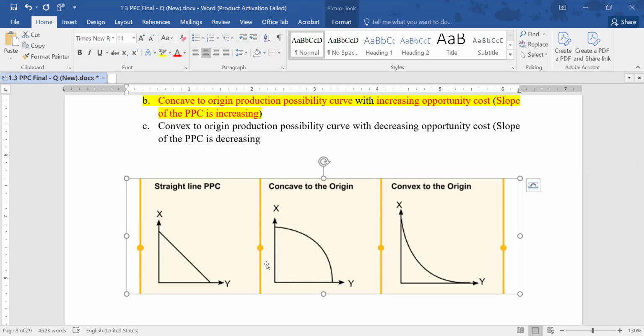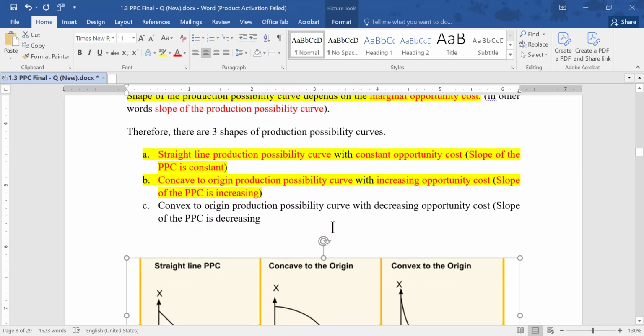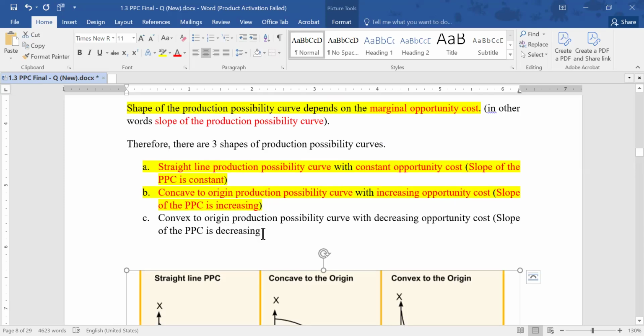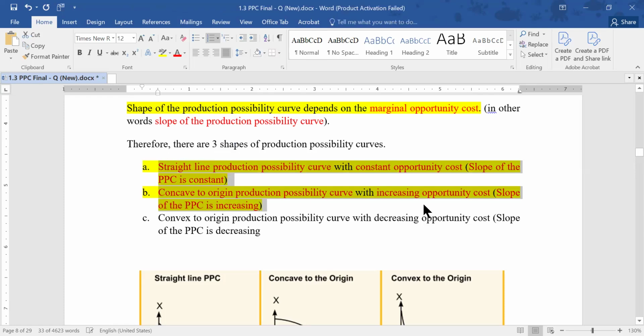The similar idea applies here, but keep in mind, the eye is at the origin, not outside of the PPC. Actually, the eye is at the origin, at the zero of the PPC, right? So these are the three production possibility curves, but most importantly, only the first two need to be identified, right?